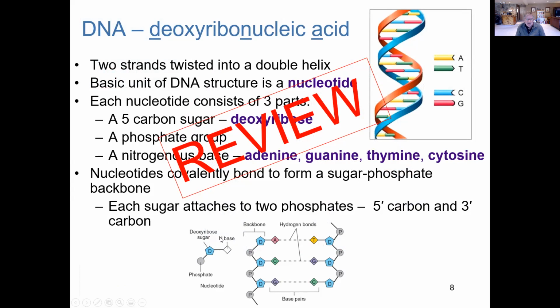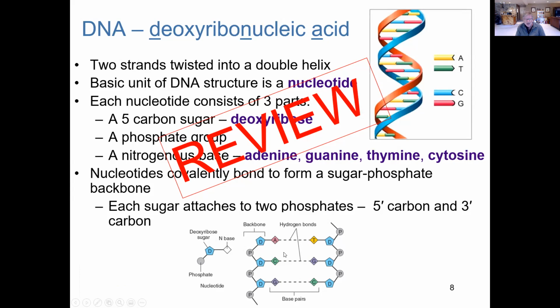And if we take these DNA nucleotides and begin to bond them together, so we create a bond between the phosphate group of this nucleotide and the sugar of the one below it, and we do that again down here, we can begin to link these nucleotides together. We see that on the left-hand side of the double helix. We also see it on the right-hand side. And then in the very center are the nitrogenous bases held together by hydrogen bonds.